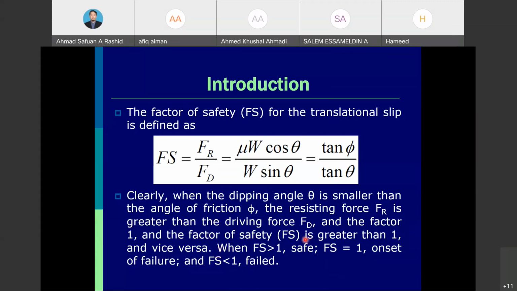A factor of safety equal to 1 is the onset of failure, or critical condition. If the factor of safety is less than 1, we can consider it a failure situation.